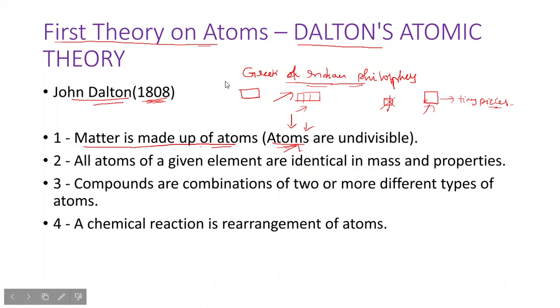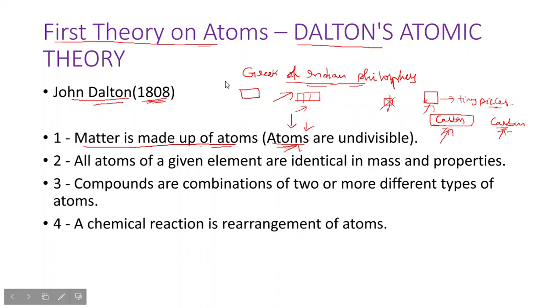All atoms of a given element are identical in mass and properties. For example, if we take two samples of carbon, the carbon atoms in the first and the carbon atoms in the second are the same.